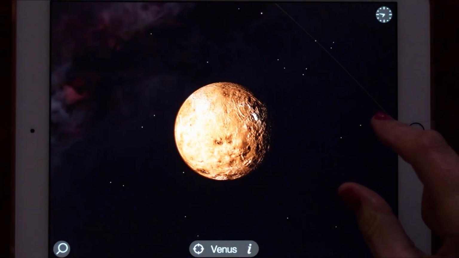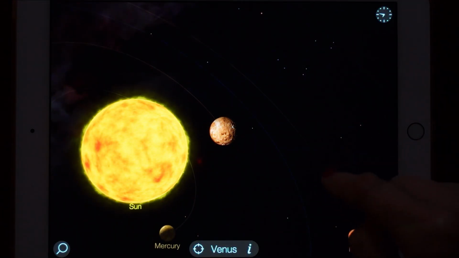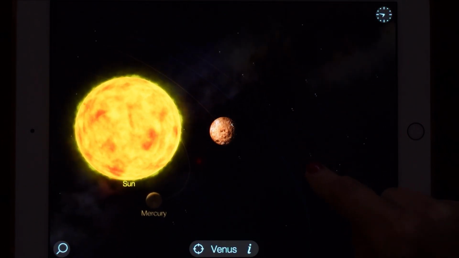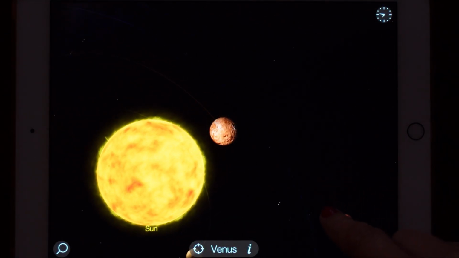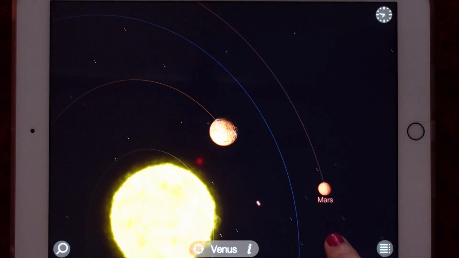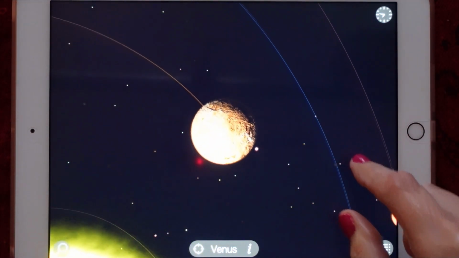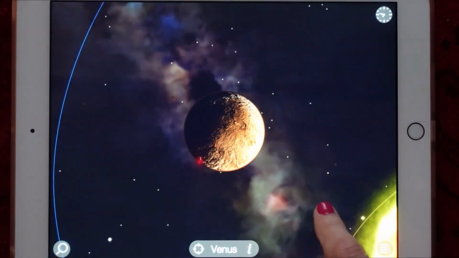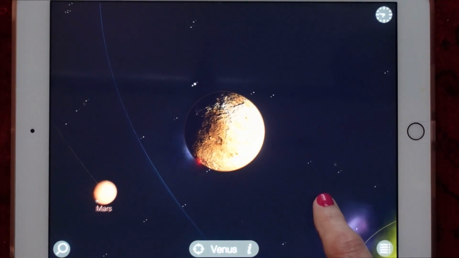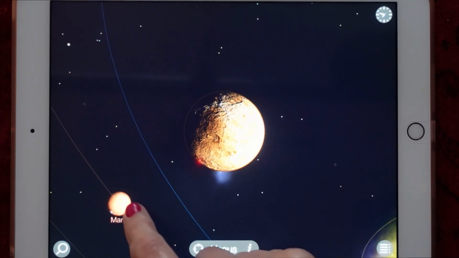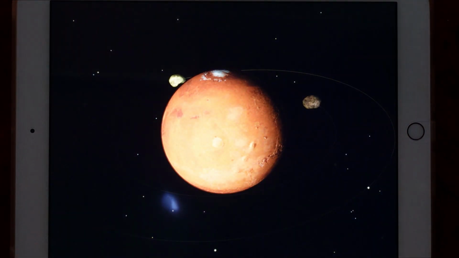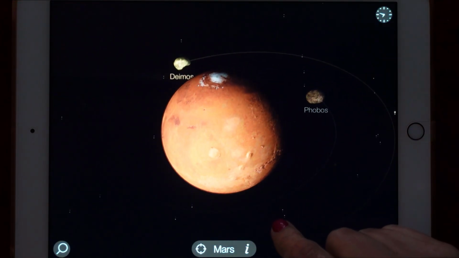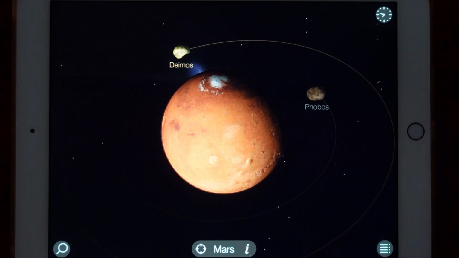Okay, let us pull out. Now I can see Mars in the corner there. Let's go towards Mars. Here we go. And here we have some moons as well.